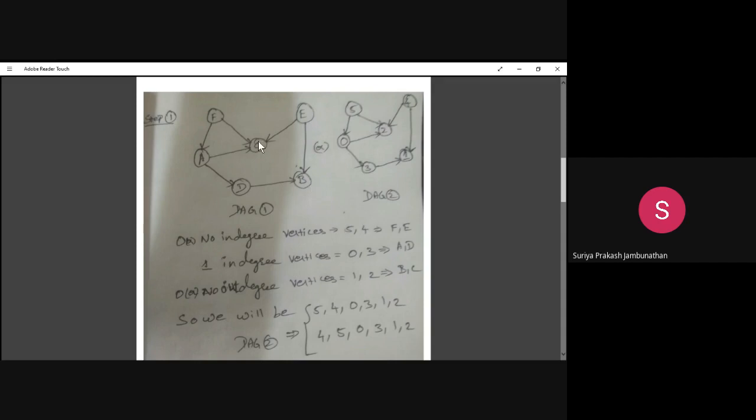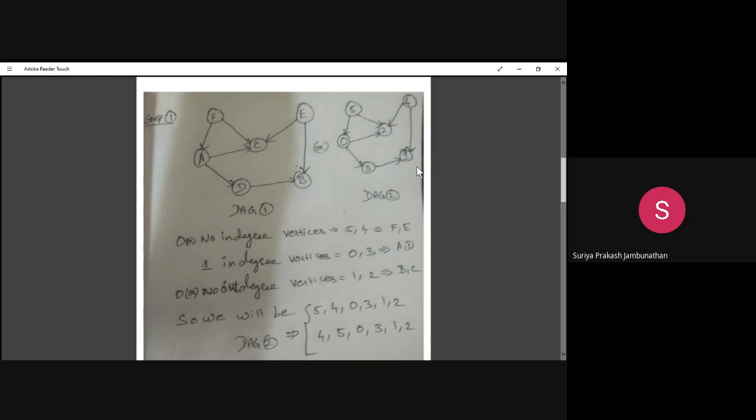From C, we are not having any vertices that will go out because all the vertices are in degree vertices. When you are taking B, the 2 vertices we are having, both are in degree vertices. There is no out degree vertices. So C and B, we can tell, have no out degree. So we are writing B and C or C and B. So here in this numeric graph diagram, 1 and 2 are the 0 or no out degree vertices.